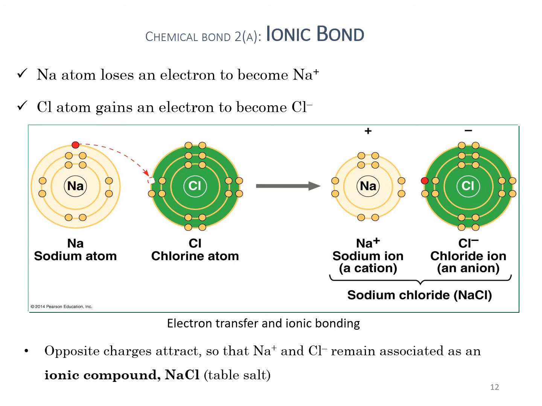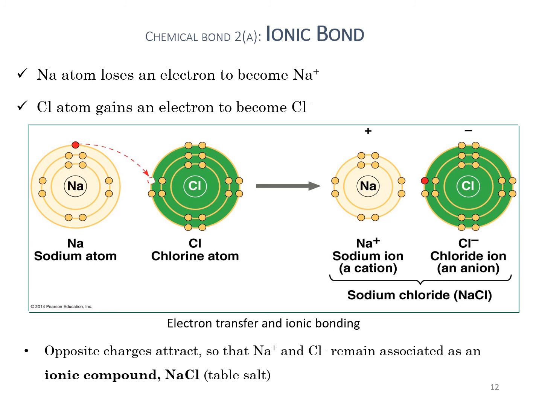In this diagram, it shows you the formation of an ionic bond between sodium ion and chloride ion. A sodium atom has one valence electron, so it loses one electron and becomes a sodium ion, Na+. The chlorine atom has 7 valence electrons, so it has to satisfy the octet rule by gaining an electron.